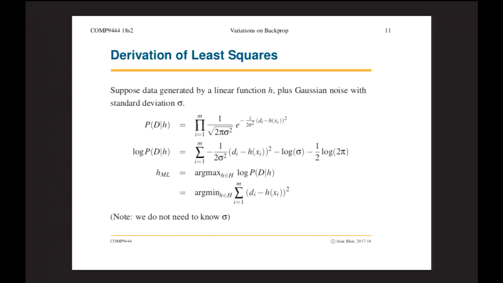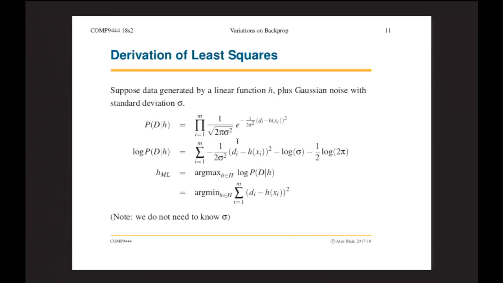And the formula for these little Gaussians that I drew is like this: e to the minus (d_i minus h(x_i)) squared divided by 2 sigma squared, with this normalizing constant. So there's some sigma; that Gaussian noise has some standard deviation.